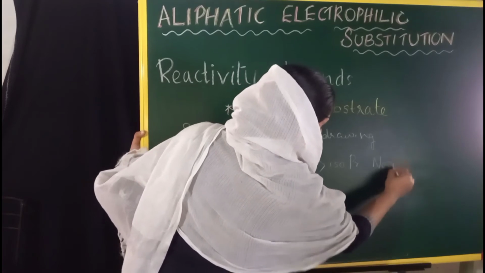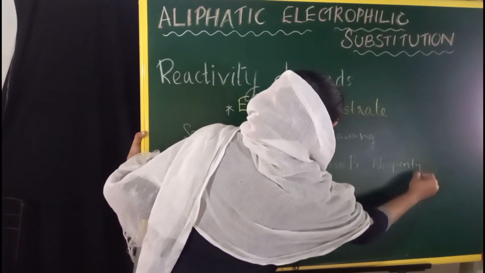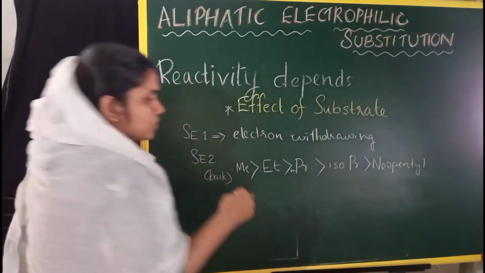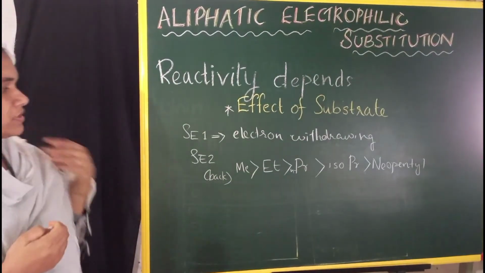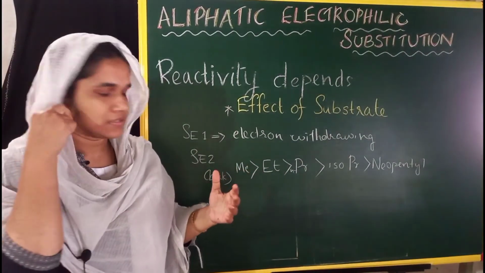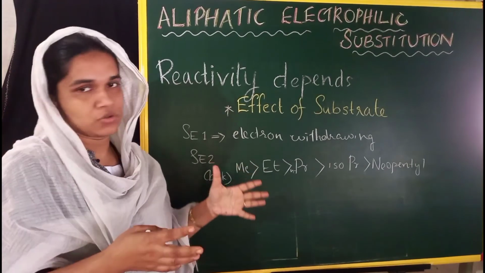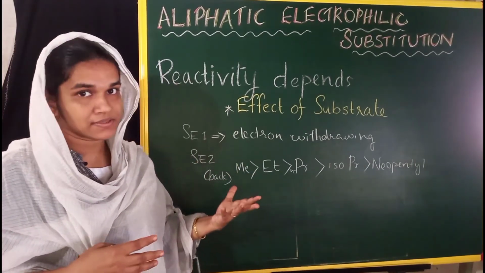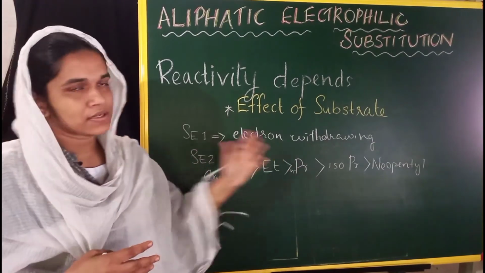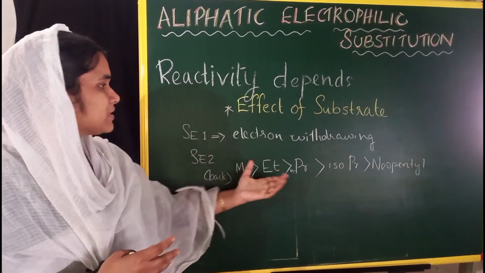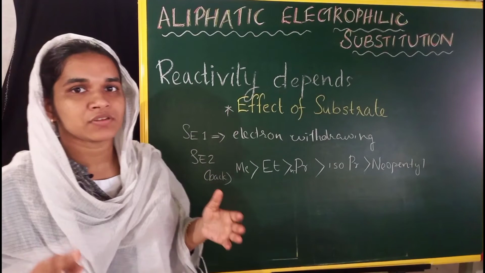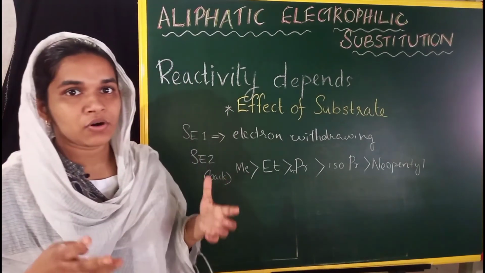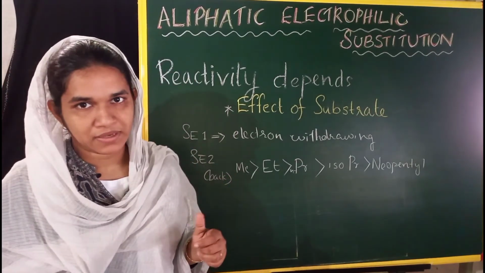This order is in accordance with the steric factor. That is, where there is no steric disturbance, the electrophile can attack from the backside easily. So this kind of order is actually evidence for the occurrence of the SE2 back mechanism.